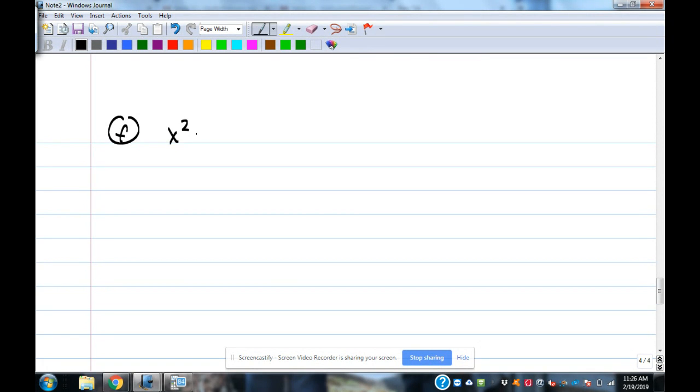X squared minus 7x plus 9 is equal to negative 3. What do we do first? Get it equal to 0, so add 3. That's easy to do.